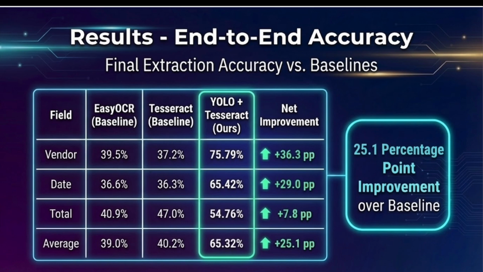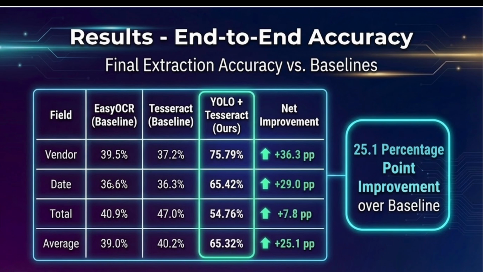Let me break this down by field. Vendor extraction improved 36.3% points from 39.5% to 75.79%. This massive gain comes from YOLO localization, eliminating background noise like logos and decorative text, giving OCR clean focus crops to work with.